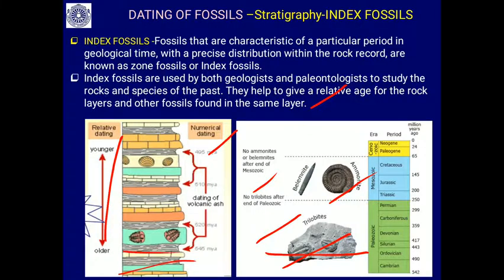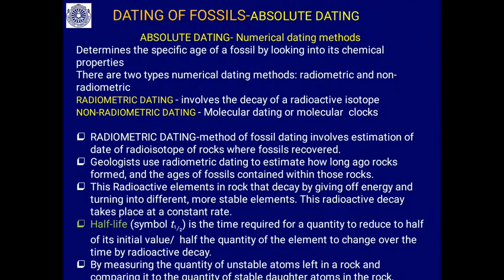These are the different strata. You can see exactly how the fossils sit in the sediments, and we are able to calculate the age of the fossil. So that is numerical dating, or absolute dating methods. It gives the specific age of the fossils by looking into the chemical properties of the fossil or the rock surrounding it.